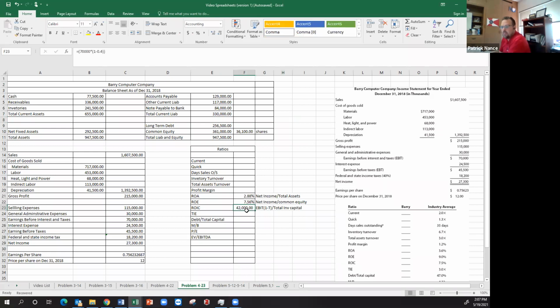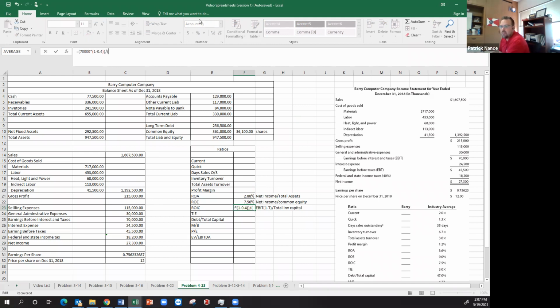Okay, sorry about that. So the ROIC, the return on invested capital, we've got our formula in here to take our earnings before interest and taxes, EBIT, times 1 minus the tax rate, and you divide that by the total invested capital.